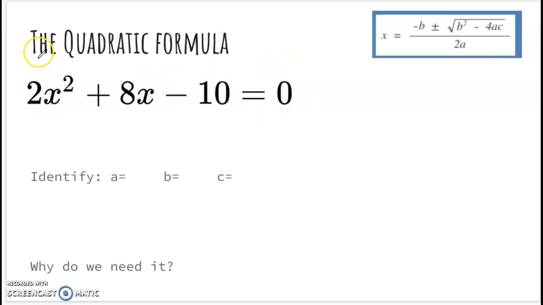If it's written in standard form, you have ax squared plus bx plus c equals 0. Even writing it right above will really help you identify your A, B, and C values, because you have to know those in order to plug into your quadratic formula.